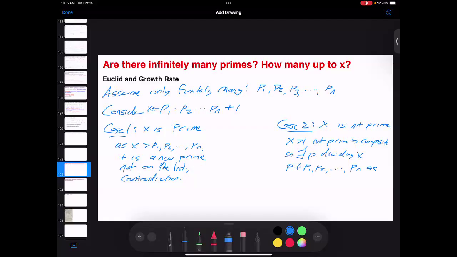As what happens if I divide X by p1? What's the remainder? X is the product of p1, p2, p3, up to pn, and then I add 1. So what would be the remainder if I divide X by p1?